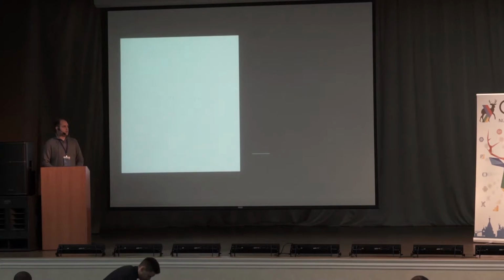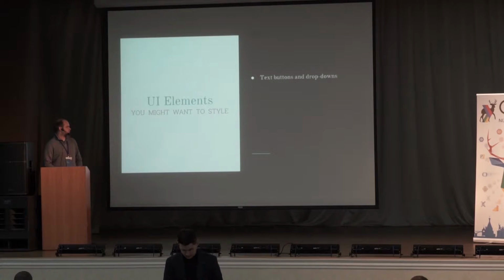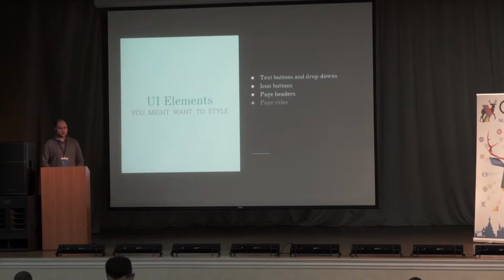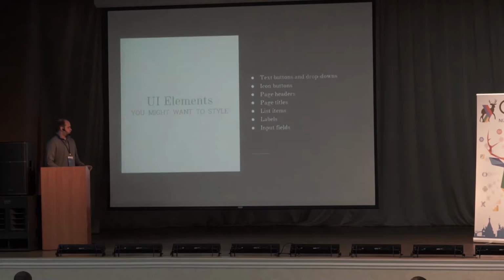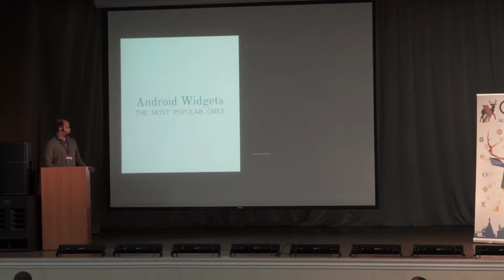Let's go over what XML offers. So, a couple of UI elements you might want to style in your apps. This is the basic UI, listed on the right side. If you map that to Android widgets, we have ImageView and its subview ImageButton, and you have TextView and its subviews Button and EditText.